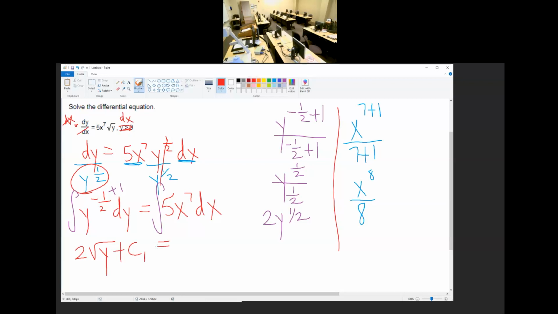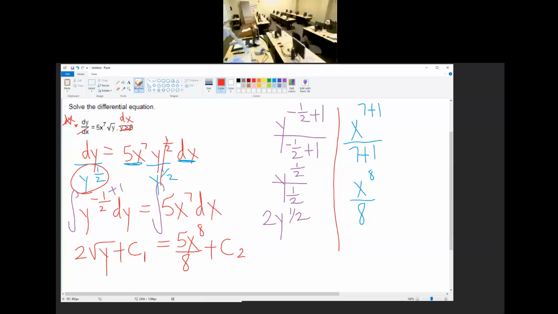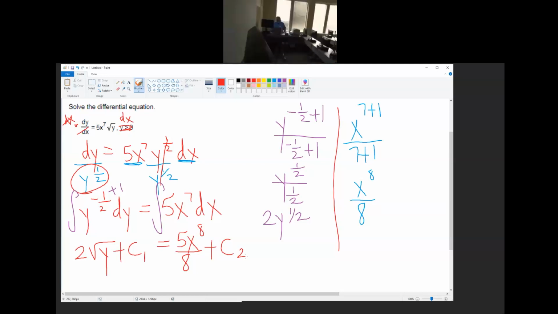That 5 is already there, so 5 times 1/8, that makes it 5x to the 8th power all over 8, plus c sub 2. I'm using different subscripts because we can't really say that those two constants will be the same.